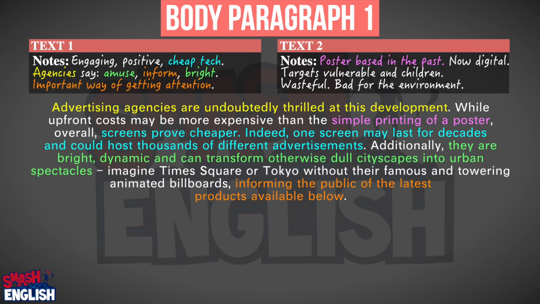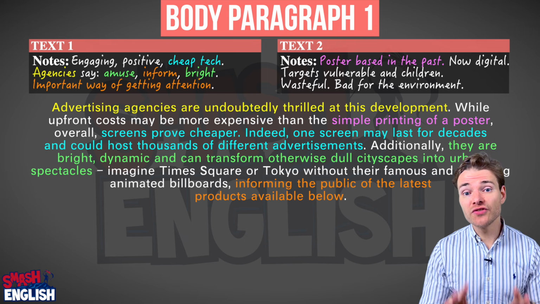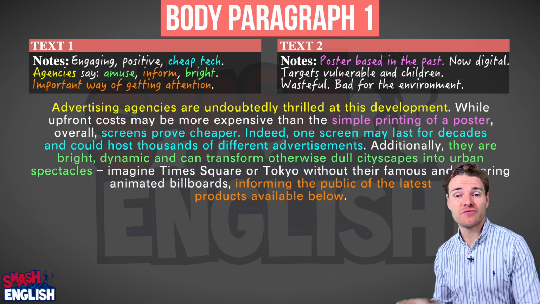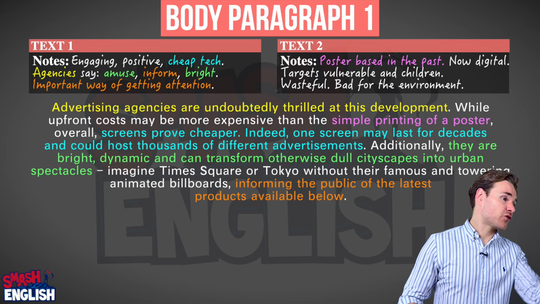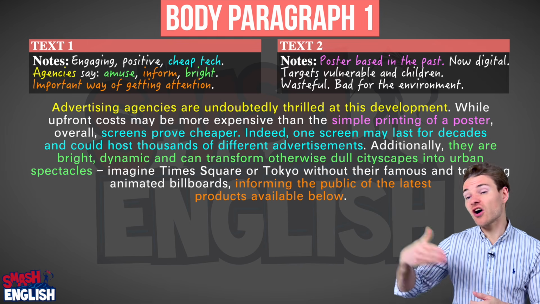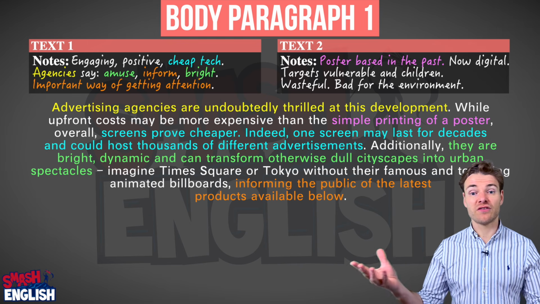Notice that I do not simply repeat the claim the author made. I also provide an additional sentence or clause justifying it. You will notice how I do not directly reference the texts in these essays. I do not say, text 1 argues that digital advertising through the digital screen has been a positive thing.